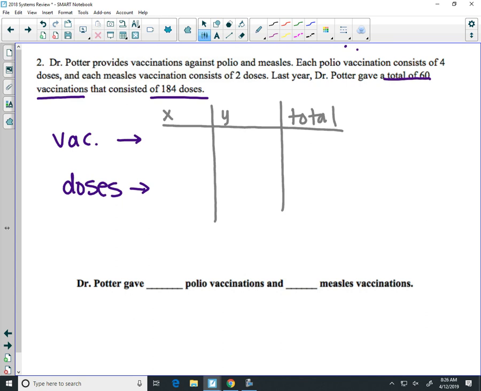So our numbers that go with, I see lots of dose numbers, so I'm going to go with doses. Polio vaccinations consist of 4 doses. Okay, so I'm going to put that here. I'm going to make this polio. And I used 4, so I'm going to X it out. Measles vaccinations consist of 2 doses.